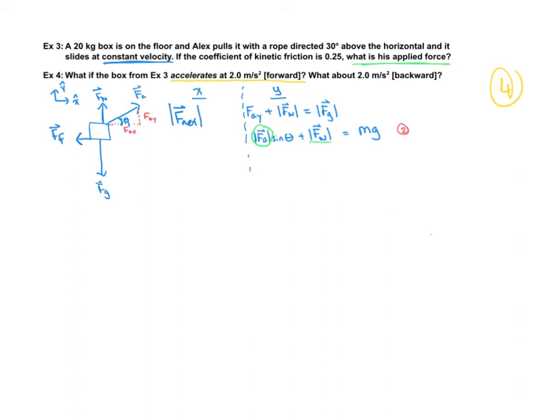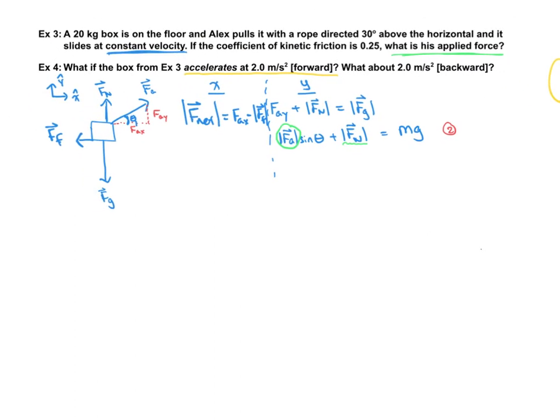There's one left force and one right force. So the magnitude of the net force will be the force to the right, so FAX, minus the magnitude of the force of friction. All right, so I kind of squished that in there. F net is rewritten as ma.